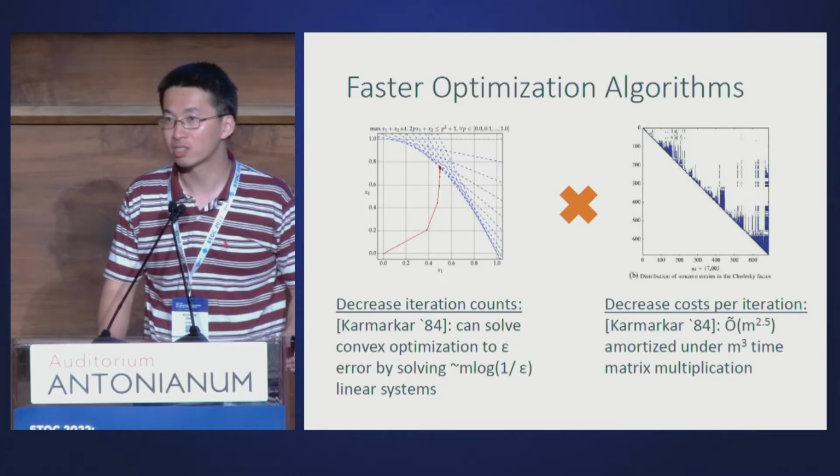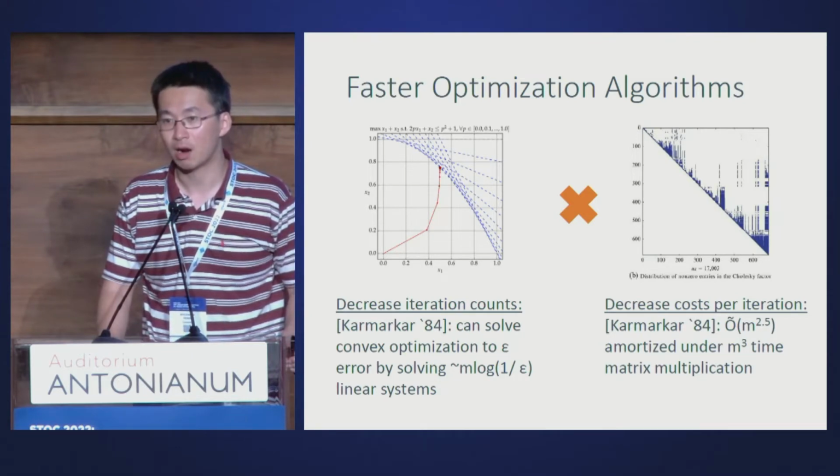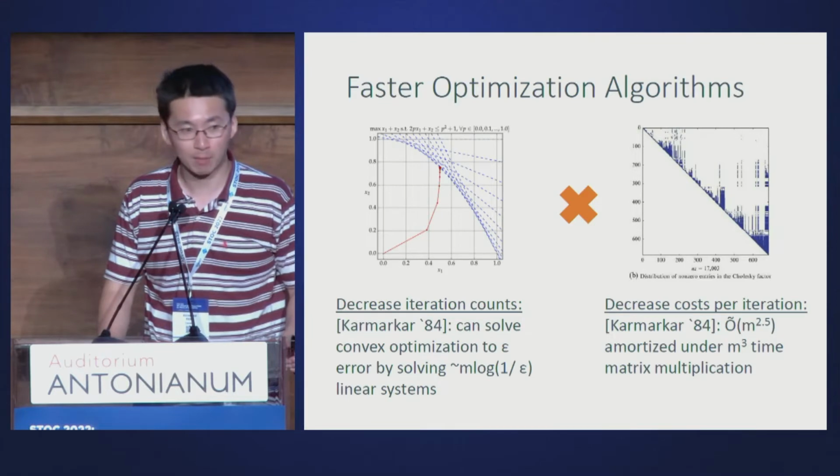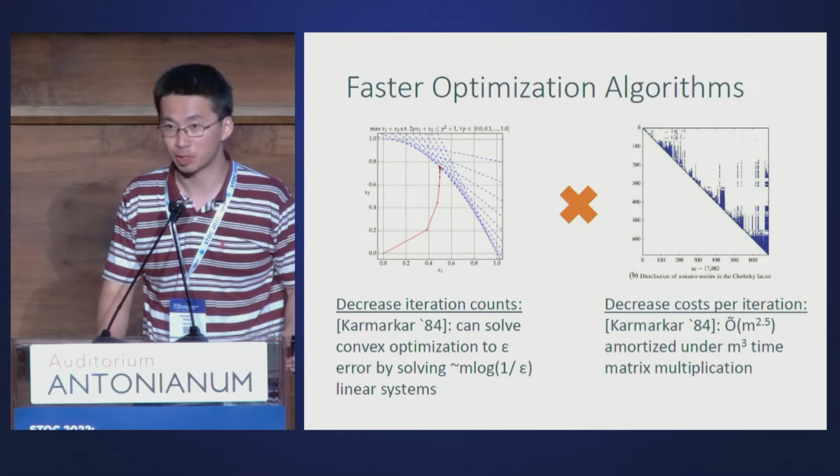One of the surprises there was that the current fastest algorithms for solving linear programs all work by solving a sequence of linear systems. This started with work by Karmarkar, who said that to solve a linear program to accuracy epsilon, you can solve something like m log 1 over epsilon systems of linear equations.